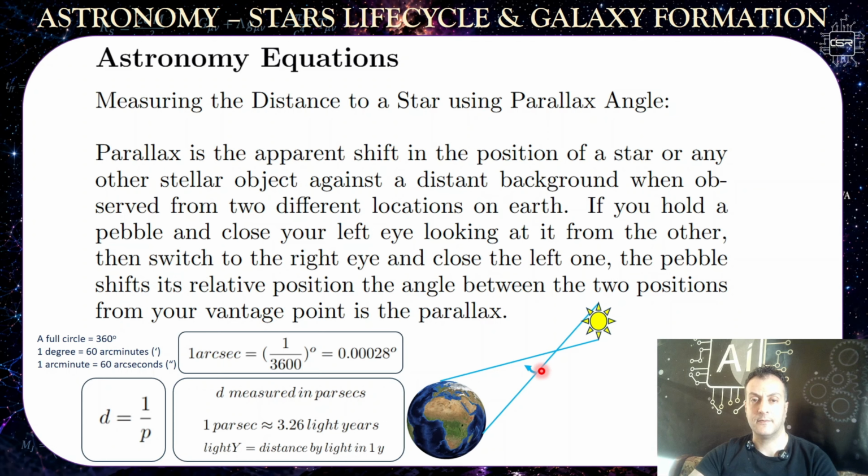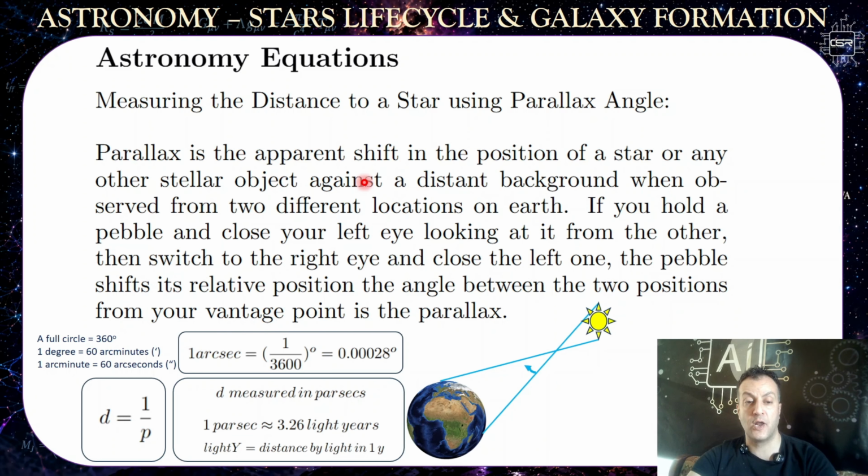We can get from that the distance to the star, because we have the angle, correct, and we have the distance from one astronomic telescope to the other. This is how we get the approximated distance to a star.